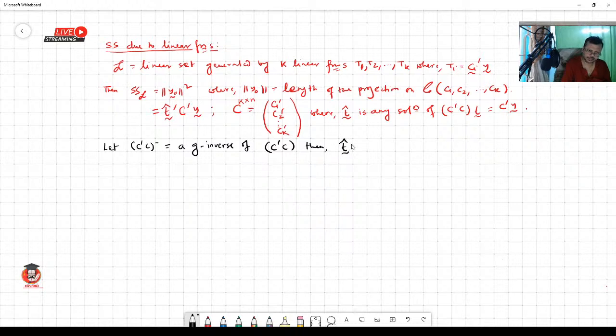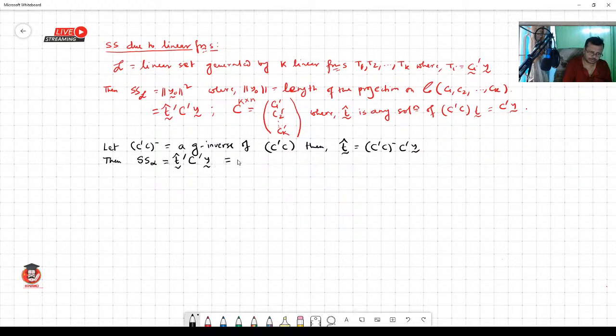T curl prime hat, this is equal to, then SS due to script L is equal to T curl hat prime C prime y curl.